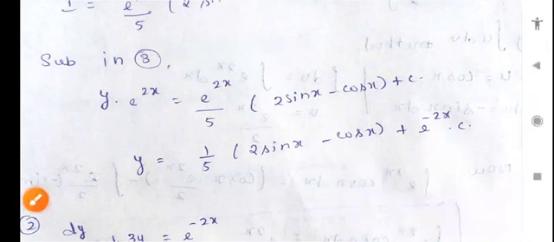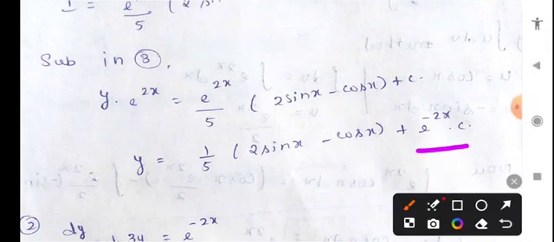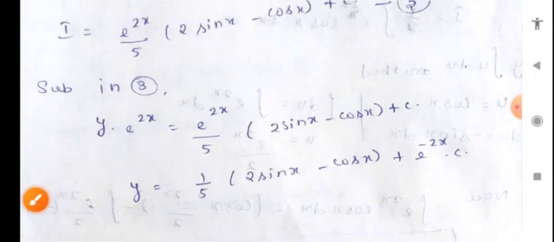We can send it up, so it becomes e power minus 2x into c. So finally y is equal to 1 by 5 into 2 sin x minus cos x plus e power minus 2x into c.